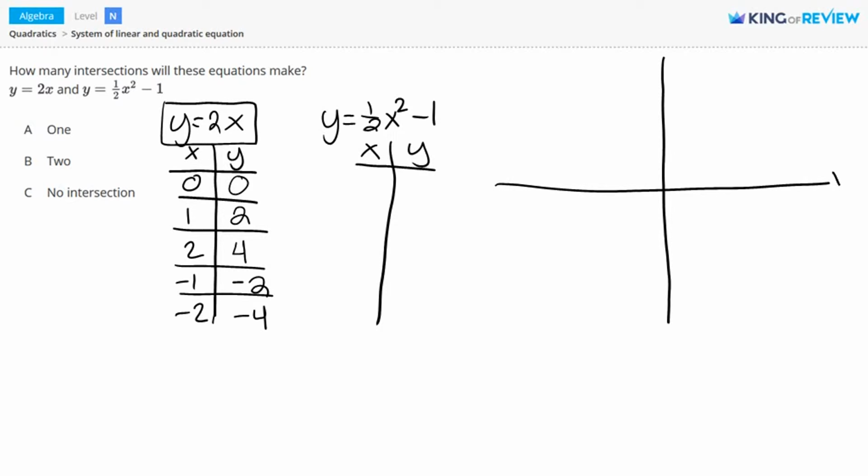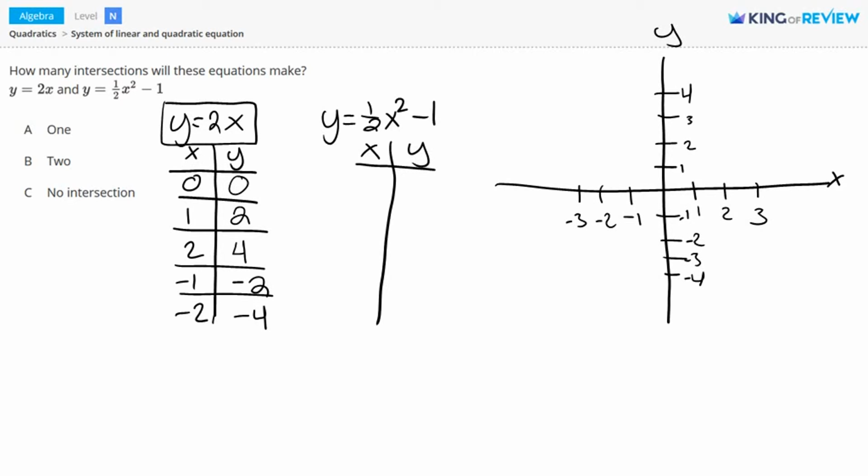I have my x-axis here and my y-axis here. Okay, now I'm ready to plot these points.